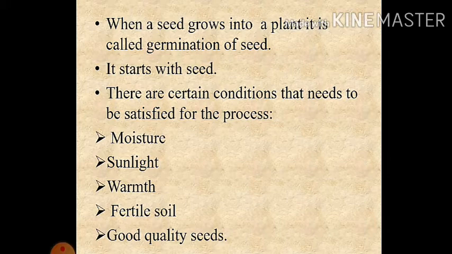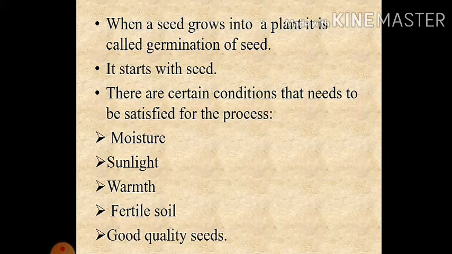Moisture. The plant must receive moisture, water, minerals, then sunlight. It should be grown in a place where it can receive sunlight, warmth, and fertile soil.